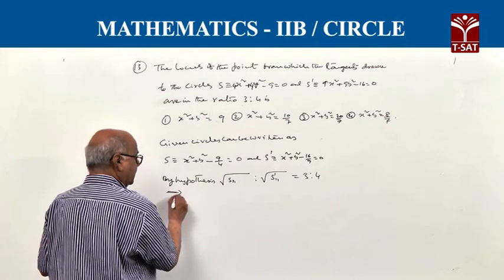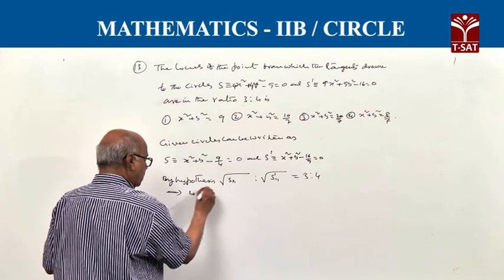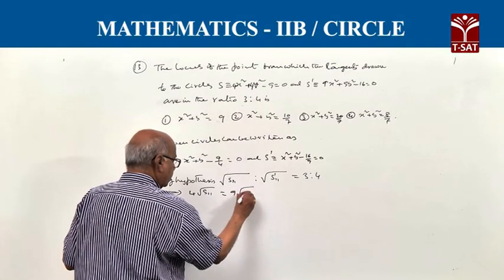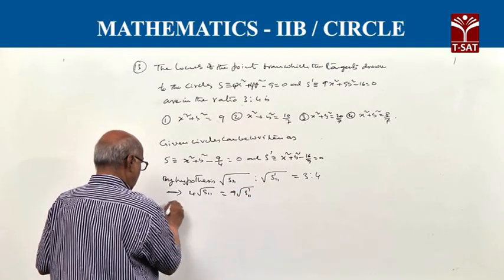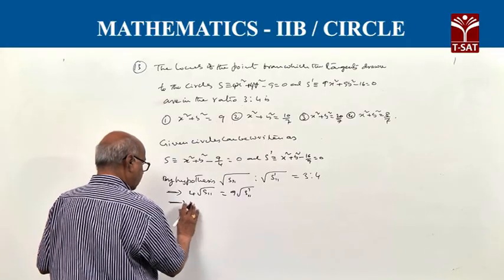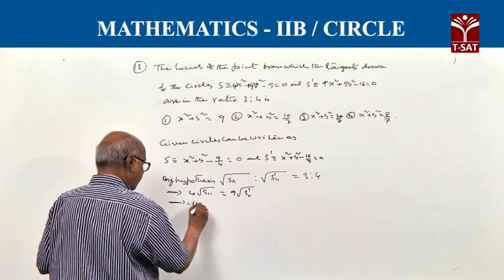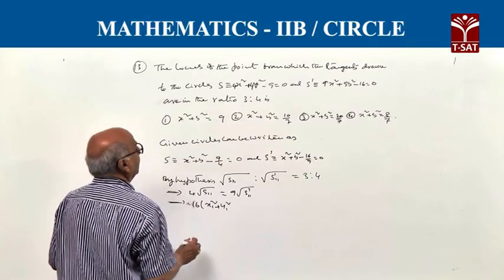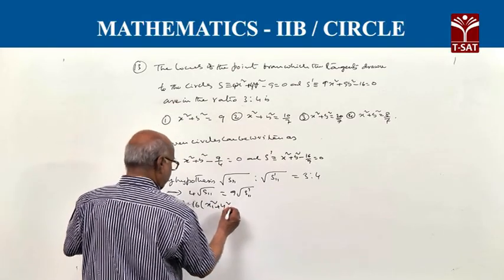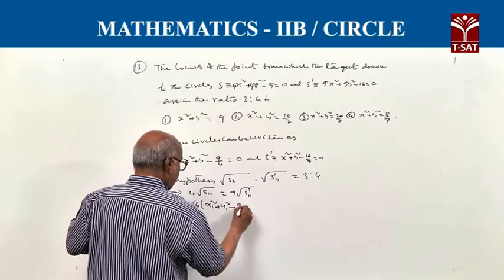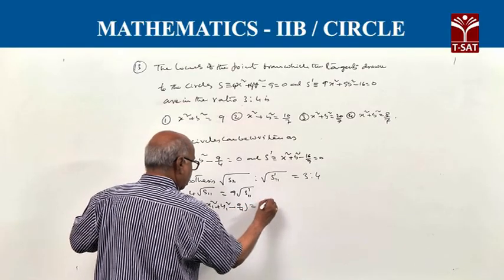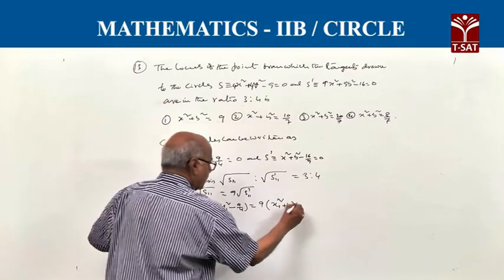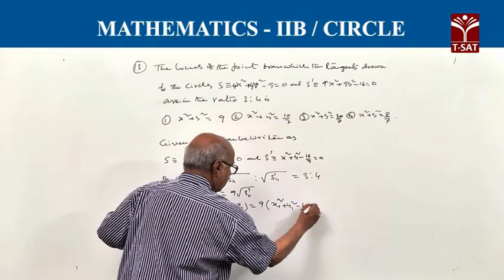So, that implies 4 into root S11 is equal to 3 into root S dash 11, or that means 16 into x1 square plus y1 square minus 9 by 4 is equal to 9 into x1 square plus y1 square minus 16 by 9.